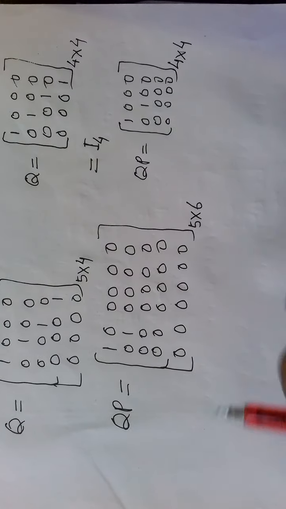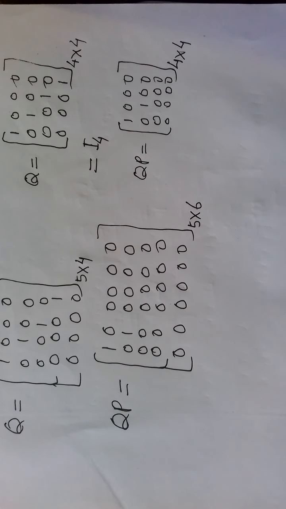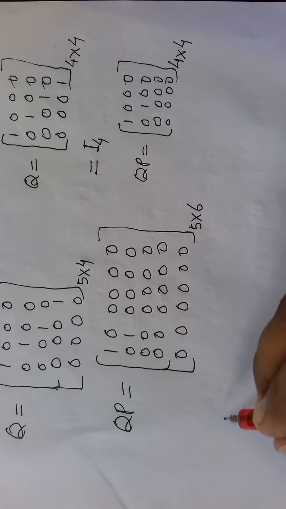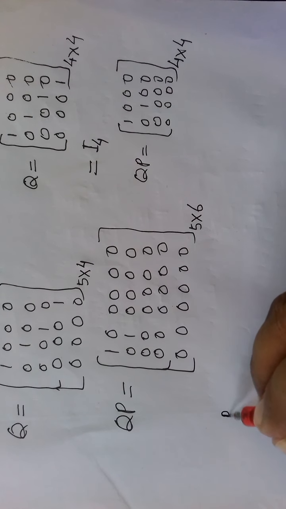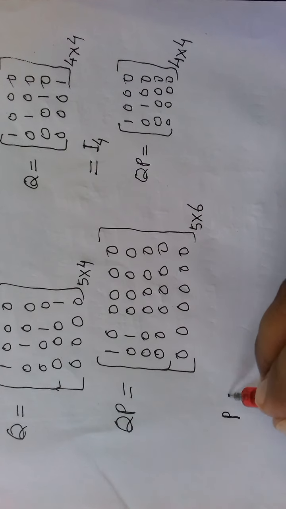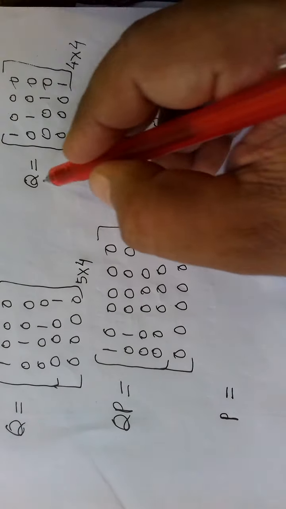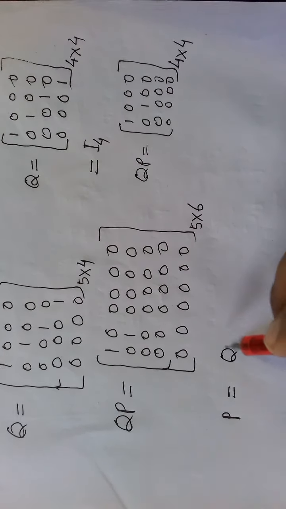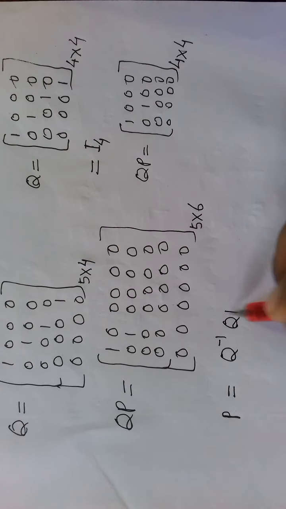Now we have to find the rank of P. So in the same way, as we are interested only in rank, we will write P will be Q inverse QP.